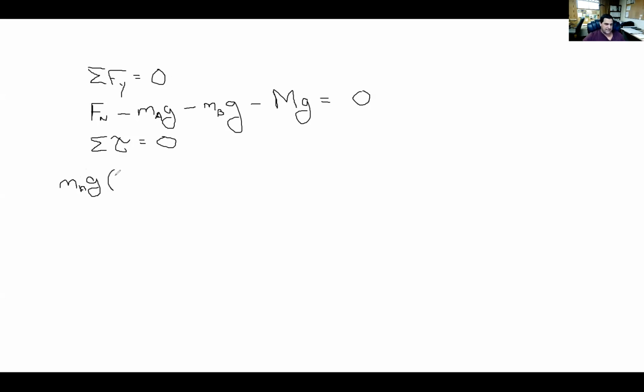And then the distance is 2.5 meters out for child A to the left. And that child is going to create a counterclockwise rotation, which is going to be positive. Now the child on the other side, that's going to be negative because it's going to be a clockwise rotation.